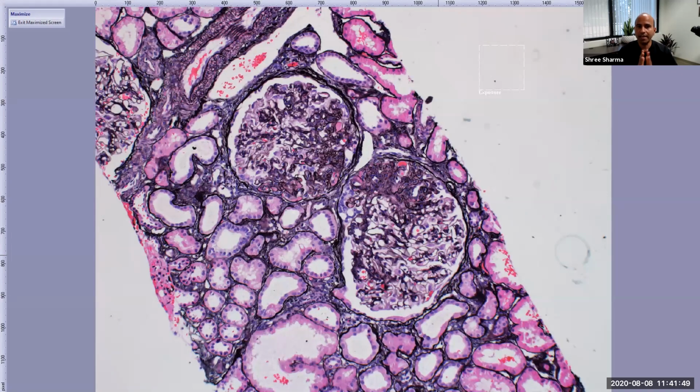They are not helping us distinguish between primary and secondary FSGS. So depending on the clinical presentation, if the patient has nephrotic syndrome or not, or is there a complete or more than 80% foot process effacement or not, that is going to help me answer the primary and secondary FSGS question. Morphological variants are important.